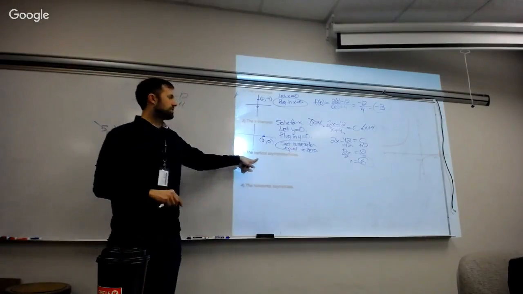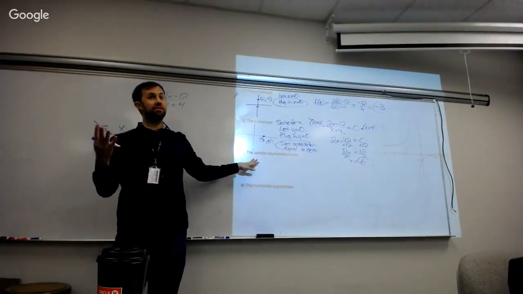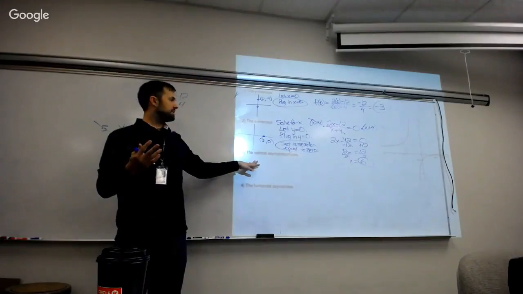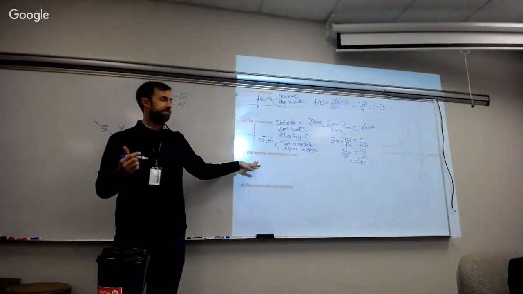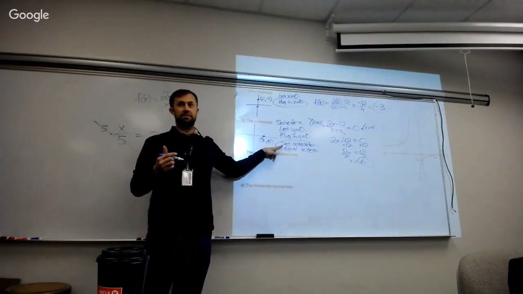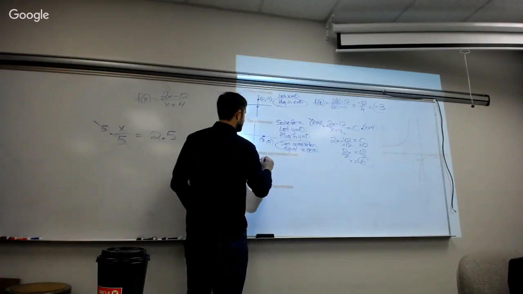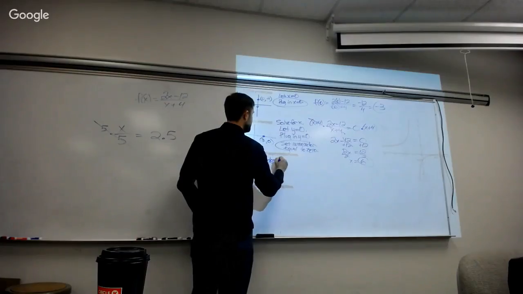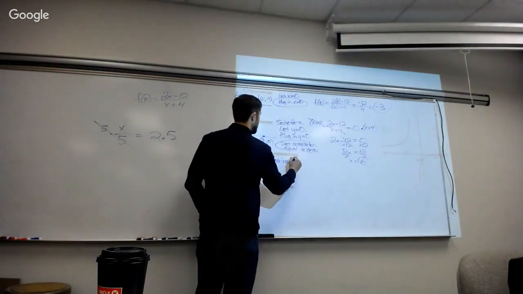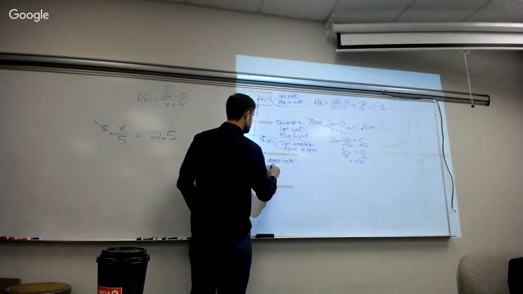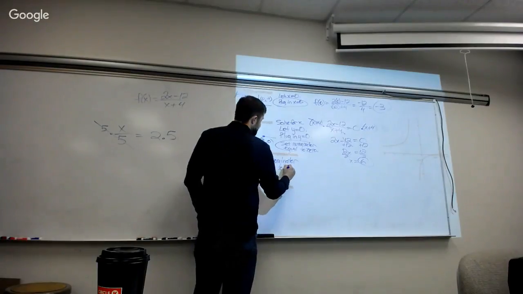How do you find the vertical asymptotes or the holes? We already know this. You don't set the numerator equal to 0. You set the denominator equal to 0 and solve.